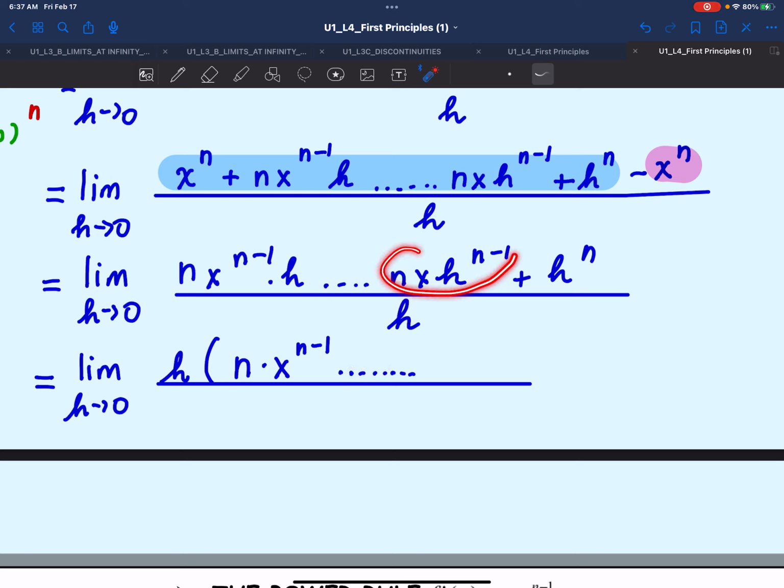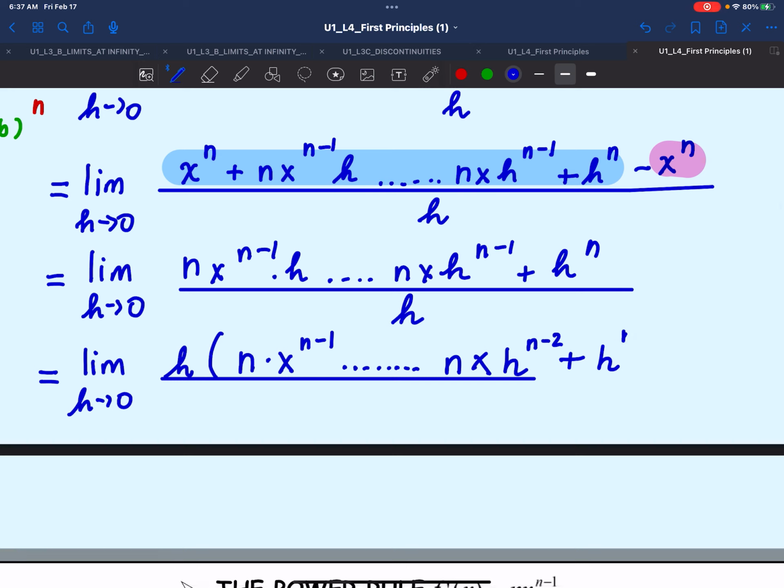And then we'll continue with this term. Here we have n, we have x, we have h. Now remember that we have taken out h to the power of 1, which will make this h to the power of n minus 2. And then the very last term, h to the power of n, once h is out, will turn into h to the power of n minus 1. We'll close the brackets, divide by h, and now we can see that we can kick h out of the expression. So time to celebrate.